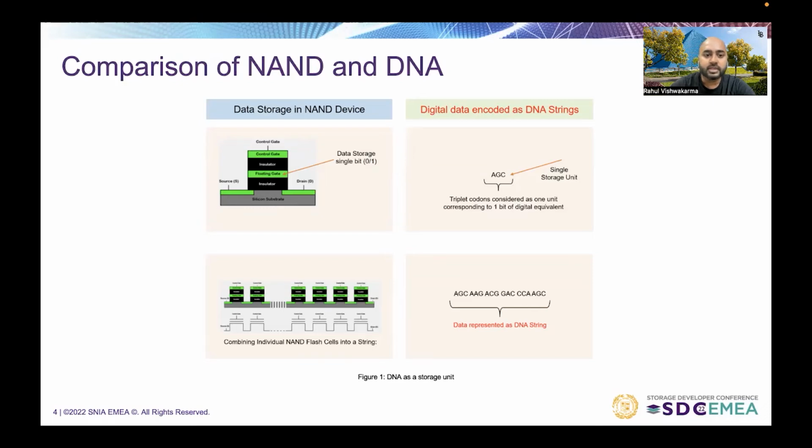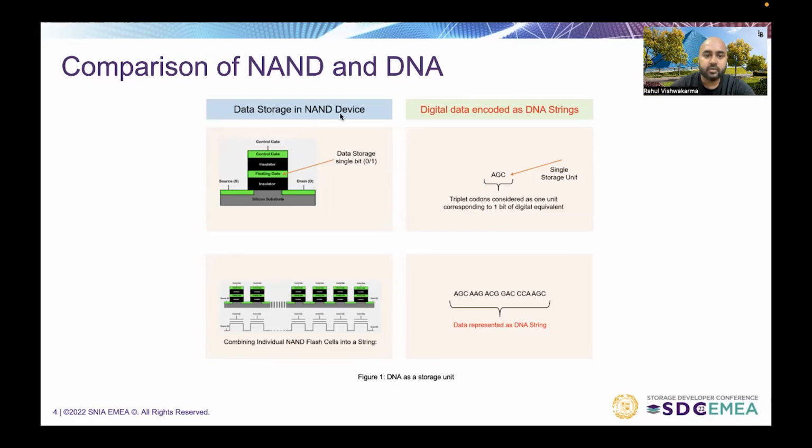On the left hand side, you can see a NAND storage unit, and on the right hand side we have DNA for the comparison. It is like we are mapping the binary values 0 and 1 to triplet codons like AGC or GAC, or any valid triplet codon.